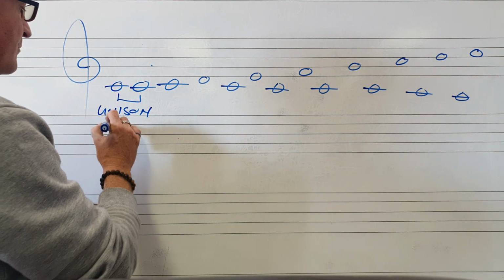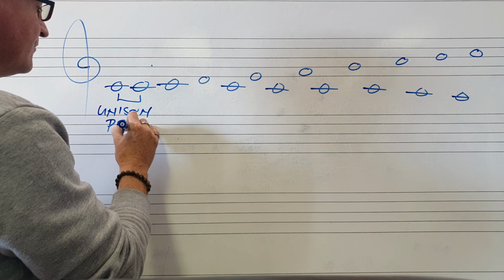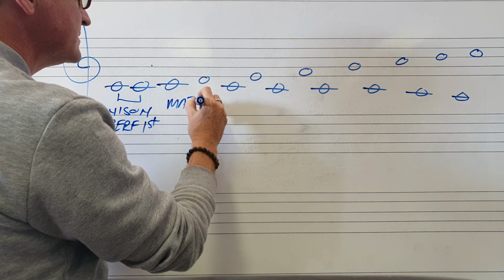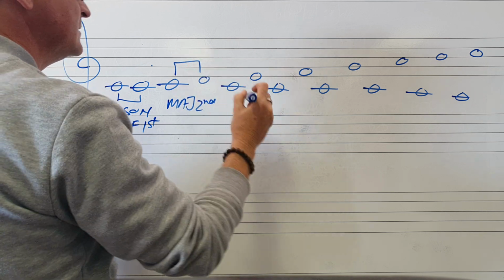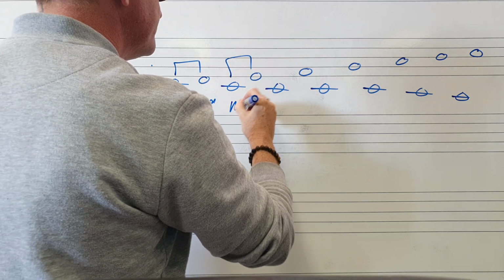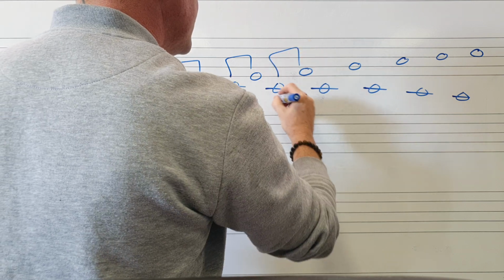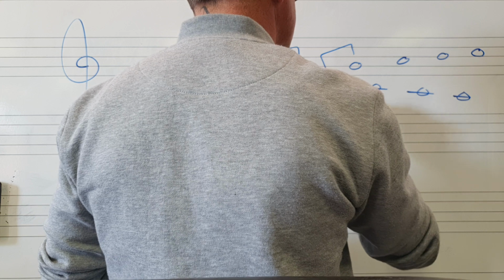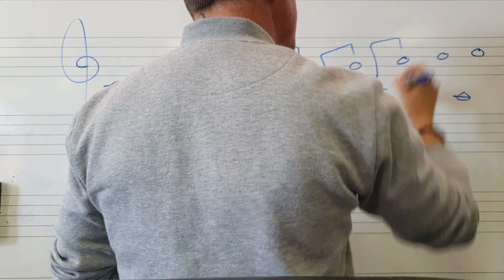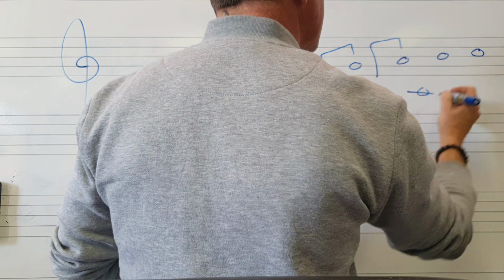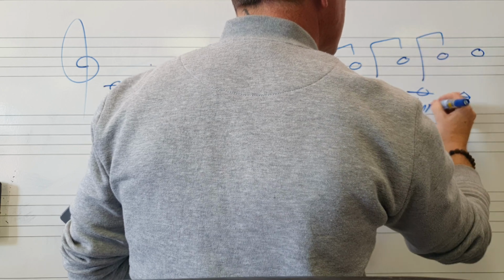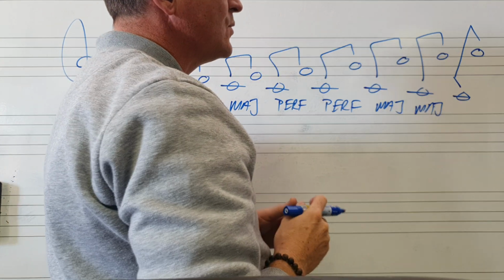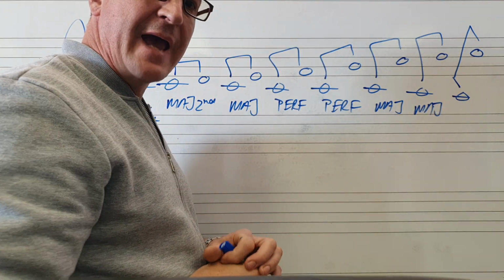And that would be a perfect first, a major second, a major third, a perfect fourth, a perfect fifth, a major sixth, a major seventh, and this is called an octave, but it is also called a perfect eighth.